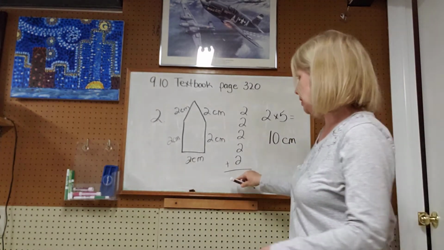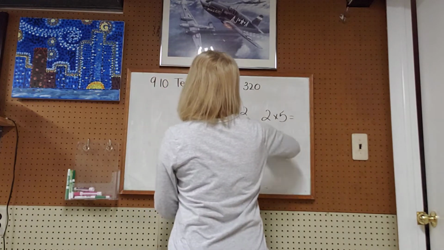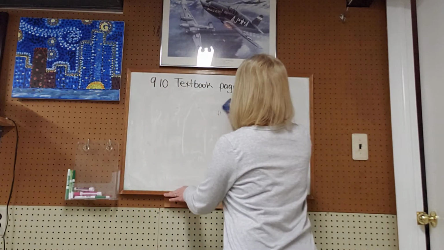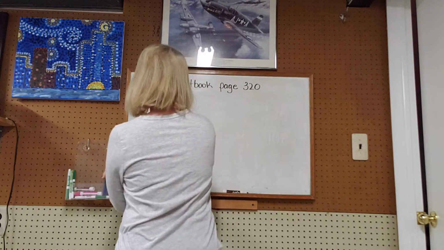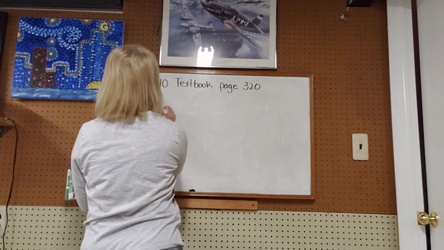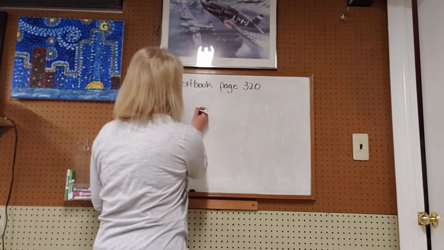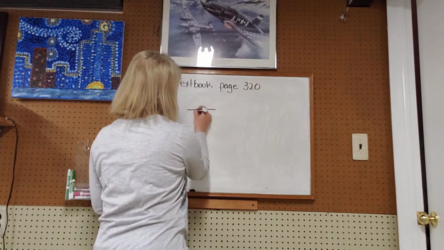Okay, let's do number 3. Number 3, what shape is that? It's a triangle. It is a scalene triangle where all the sides are different.